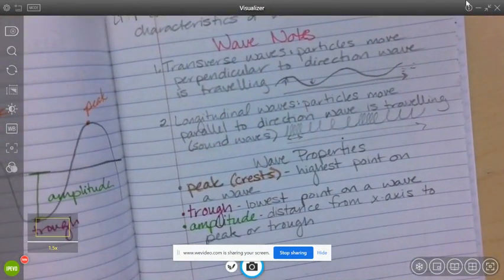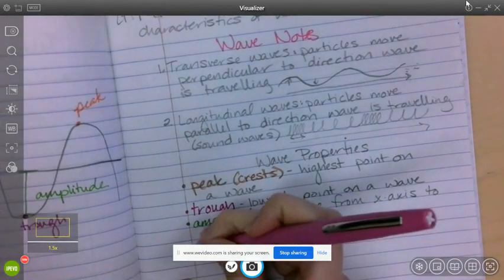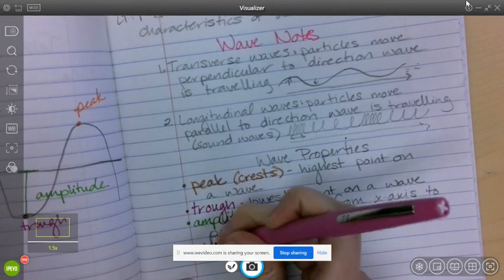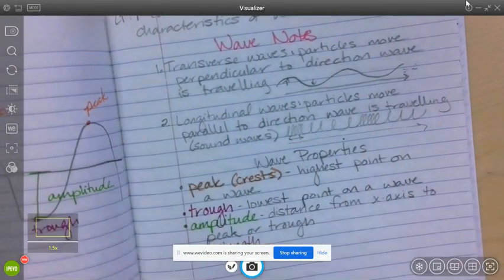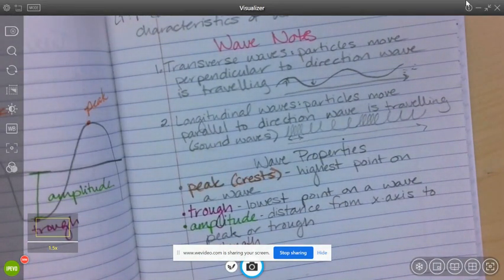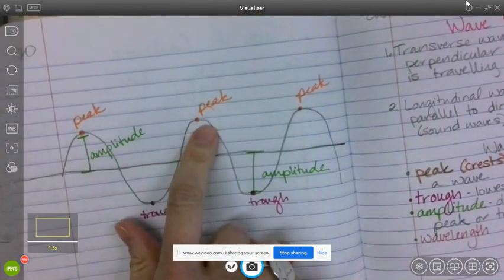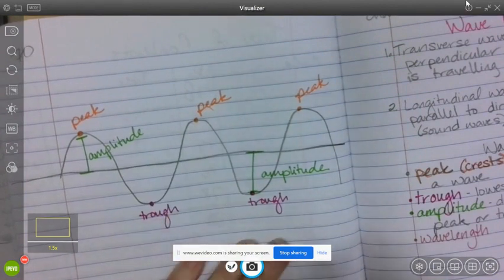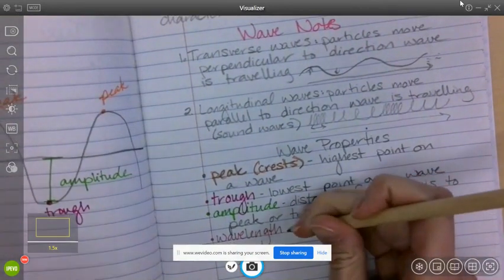All right, next is going to be wavelength. And the wavelength is going to be the distance from peak to peak or from trough to trough.